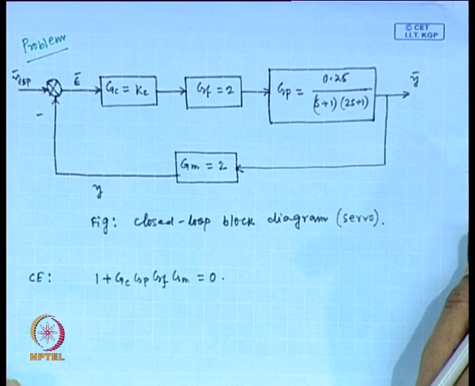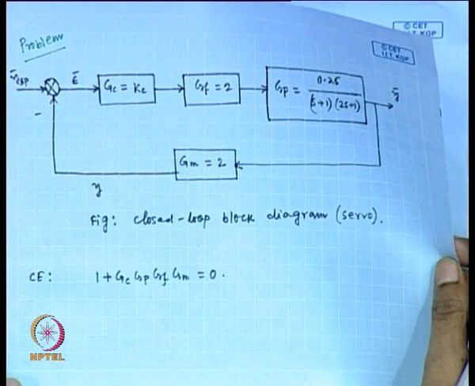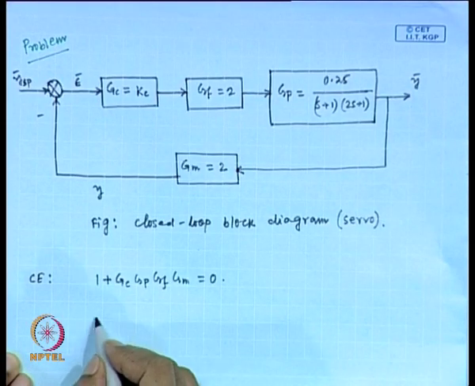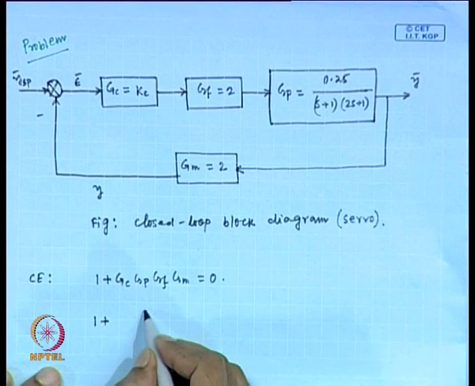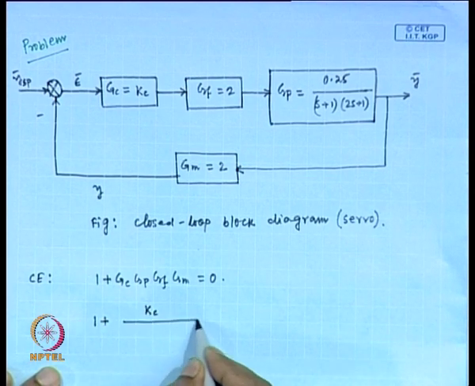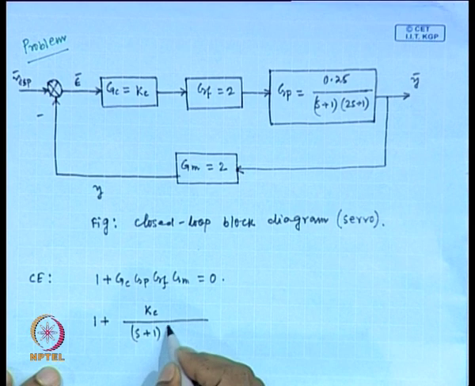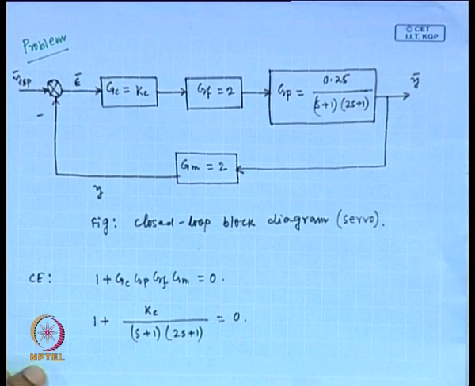Now, we substitute all the individual transfer functions in this general form, and we get 1 plus Kc divided by (S plus 1) multiplied by (2s plus 1) equals 0. This is the closed loop characteristics equation.